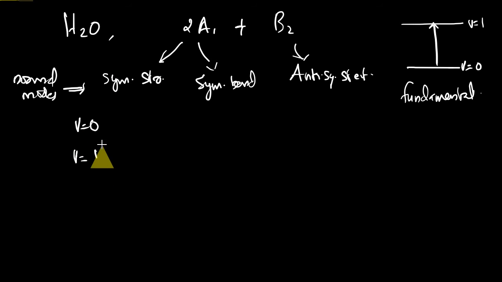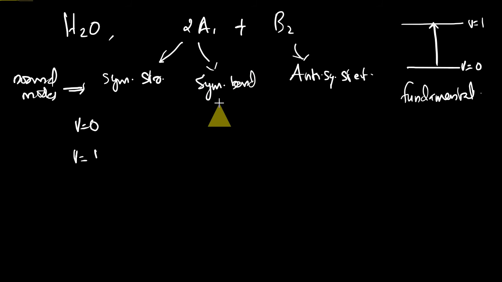So in both of these states, this molecule is executing the symmetric stretching vibration. So is the case with the symmetric bending and anti-symmetric stretching. So within each normal mode of vibration, like symmetric stretching, the molecule can sit in different vibrational levels, right?